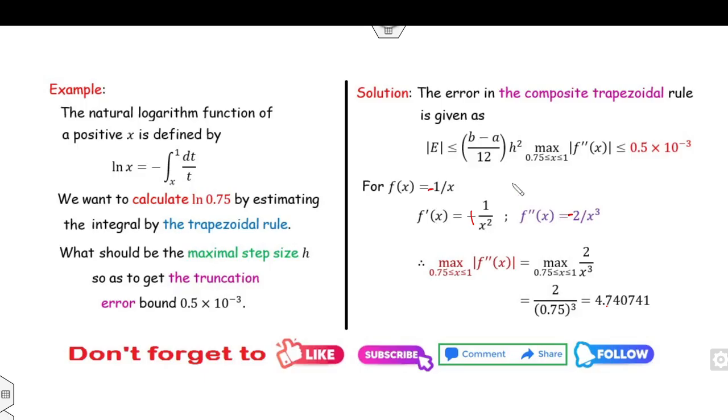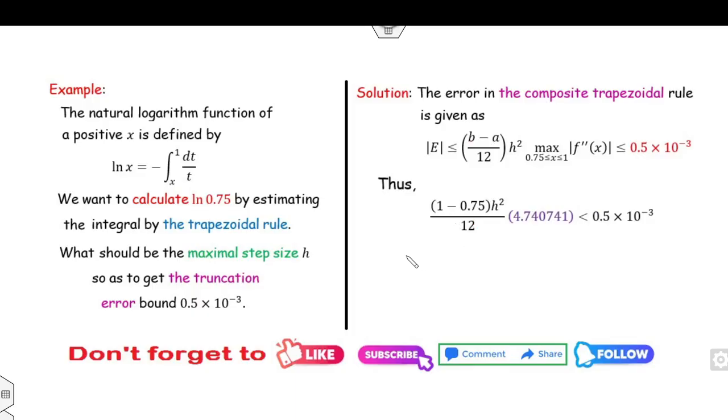Fine. So I can substitute this value in here. What is b? b is 1. What is a? a is 0.75, and what is h? h we need to calculate. Fine. So now you can solve this. Can you find the value of h? So h square is less than or equal to 0.5 into 10 raised to power minus 3 into 12 divided by 4.74, and this number is 0.25.